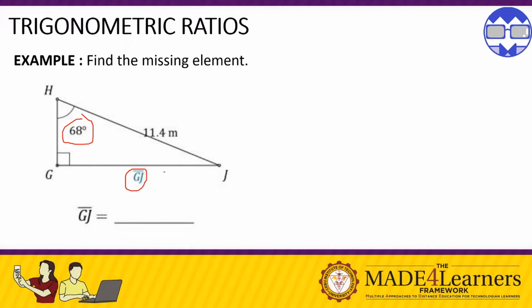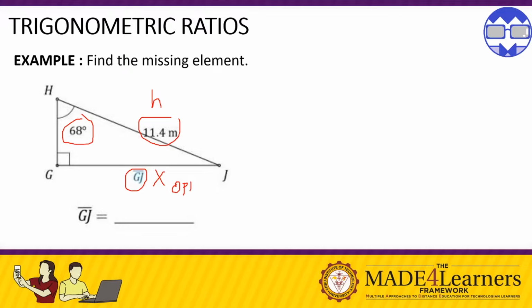Let's just say this is X for simplification. Opposite of the 90 degrees, we have 11.4, so we are sure that this is the hypotenuse, and X is our opposite side.